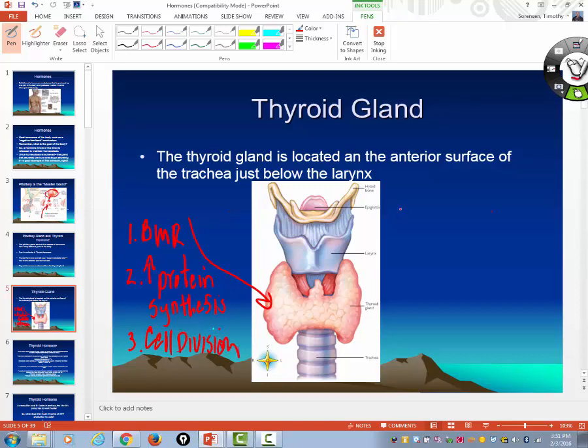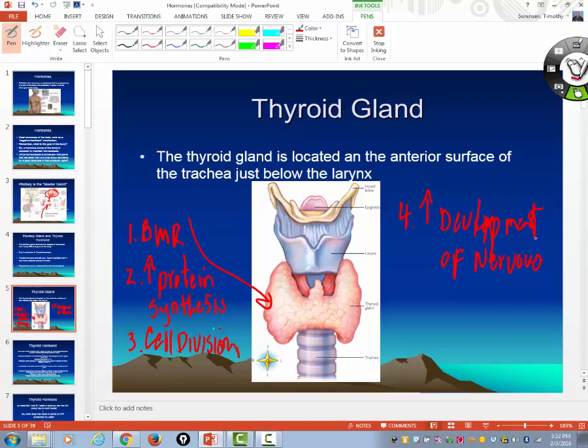And then a couple of other things. In the fetus, it increases the development of the nervous system.